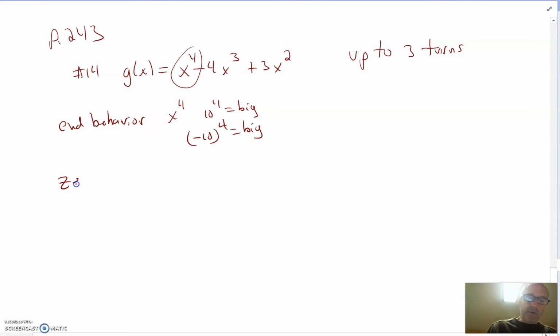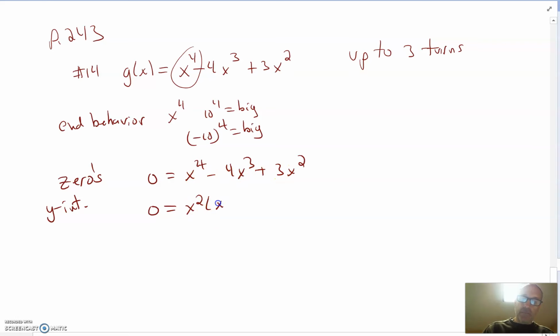Now we want to find the zeros. Set it to 0. To find the zeros, we've got to factor it. So how do we factor it? Well, there's a common x squared in there. Take the x squared out.